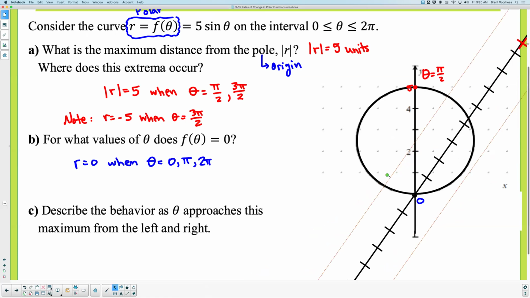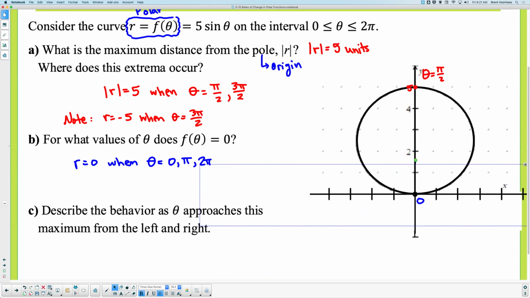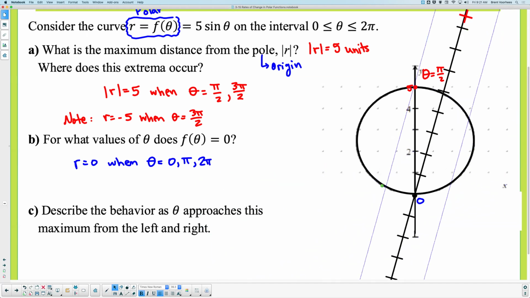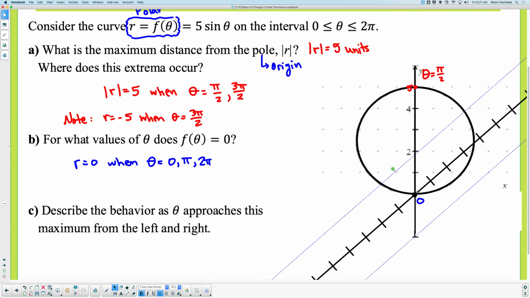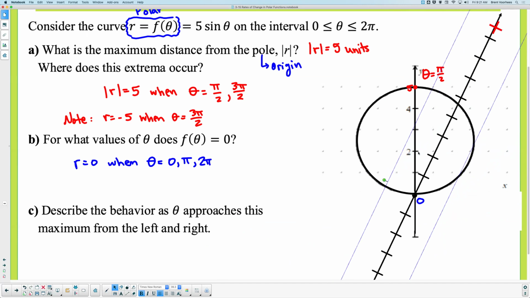So here's your plus symbol. I'm starting at 0, but as I'm going around the circle, it's moving up this axis. So is this increasing or decreasing as we approach pi over 2? It's increasing. Do you see how the circle's intersecting and it's moving further and further up the axis?